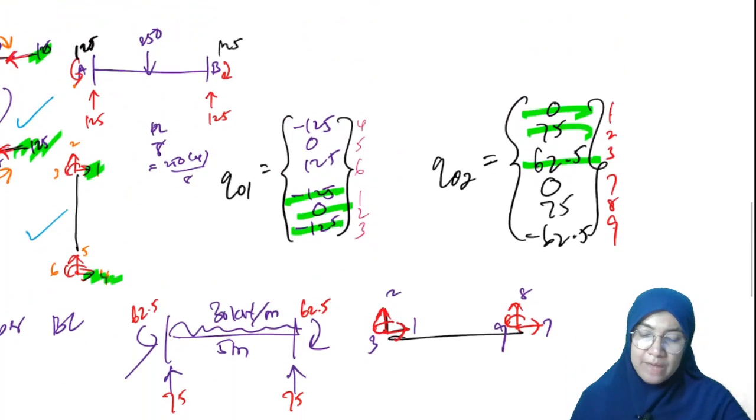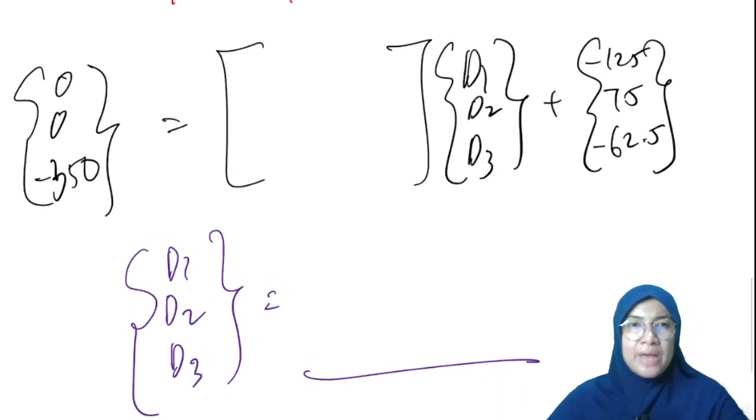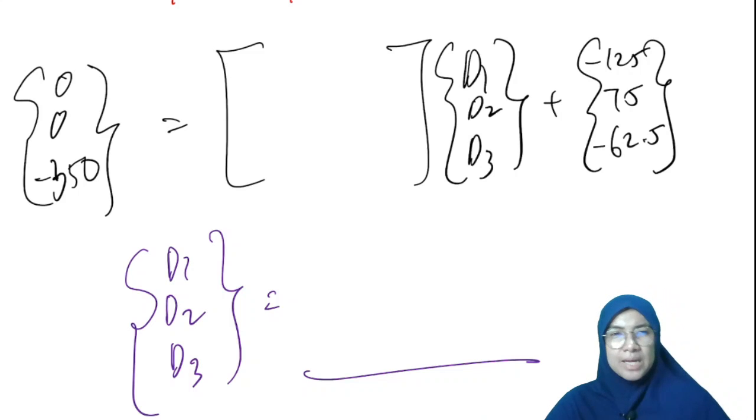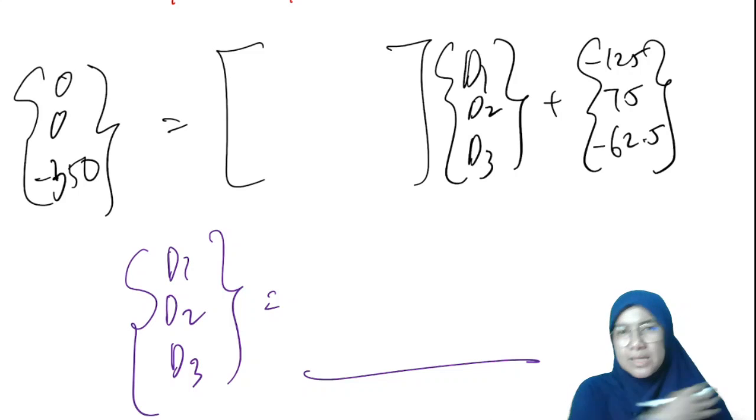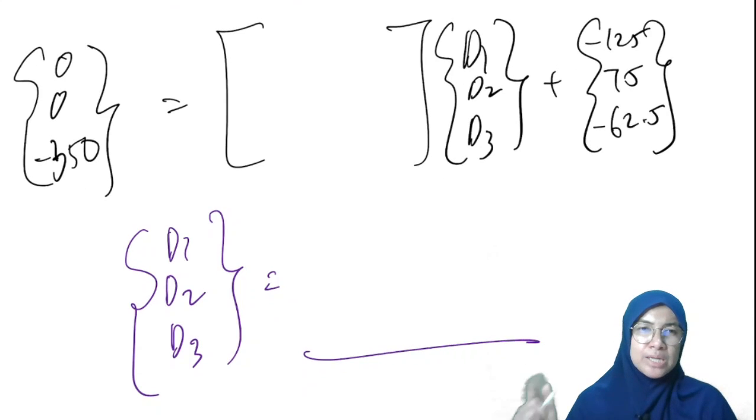When we don't have a value like this, we just put 0. When we have the K values, we put them in and use the calculator directly to determine D1, D2, as well as D3.